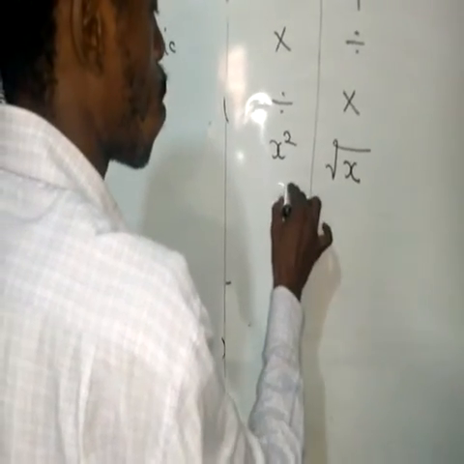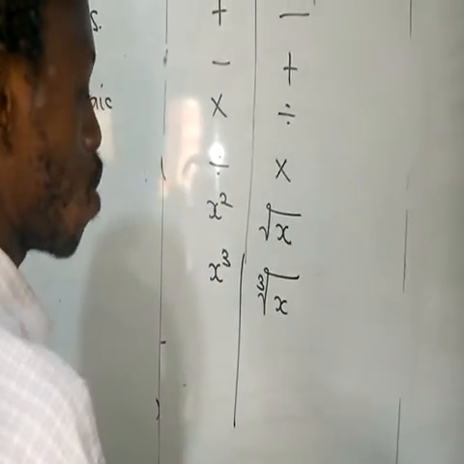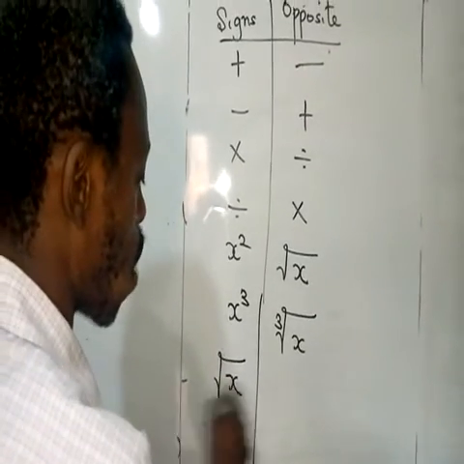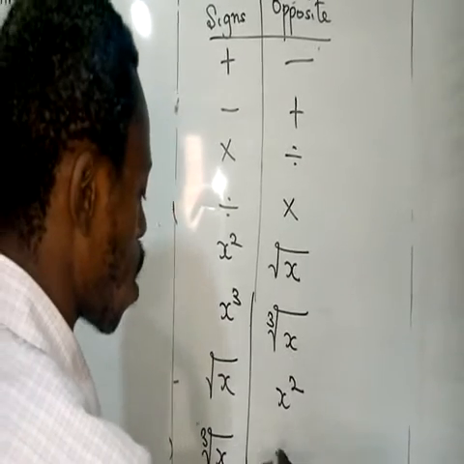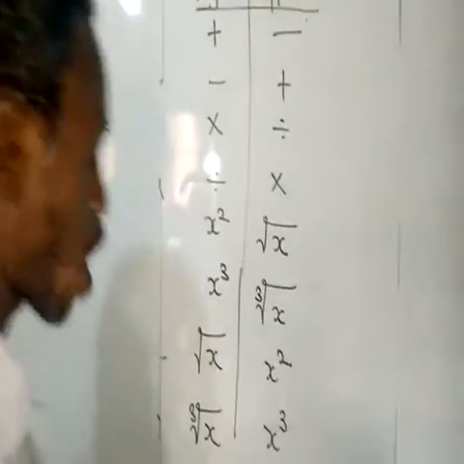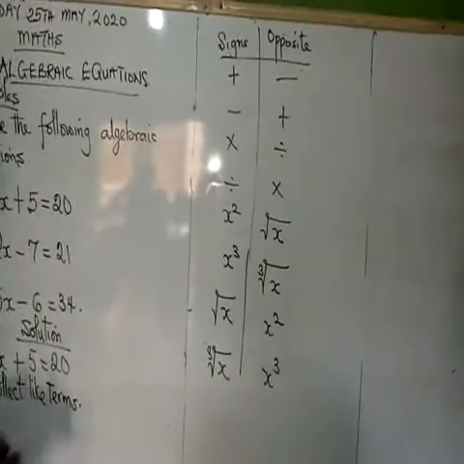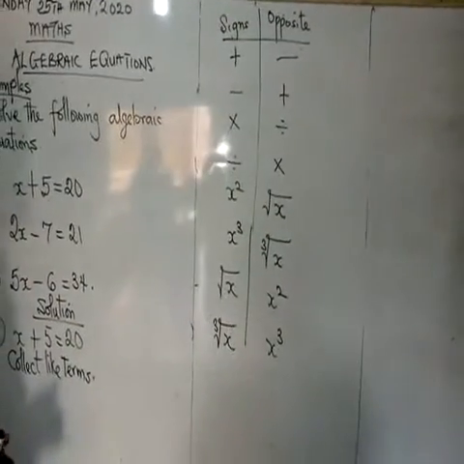Cube. The opposite is cube root. Likewise you have square root of x, x squared, cube root of x, x cubed, and so on. Now, we are going to use the signs and opposites to solve these algebraic equations.